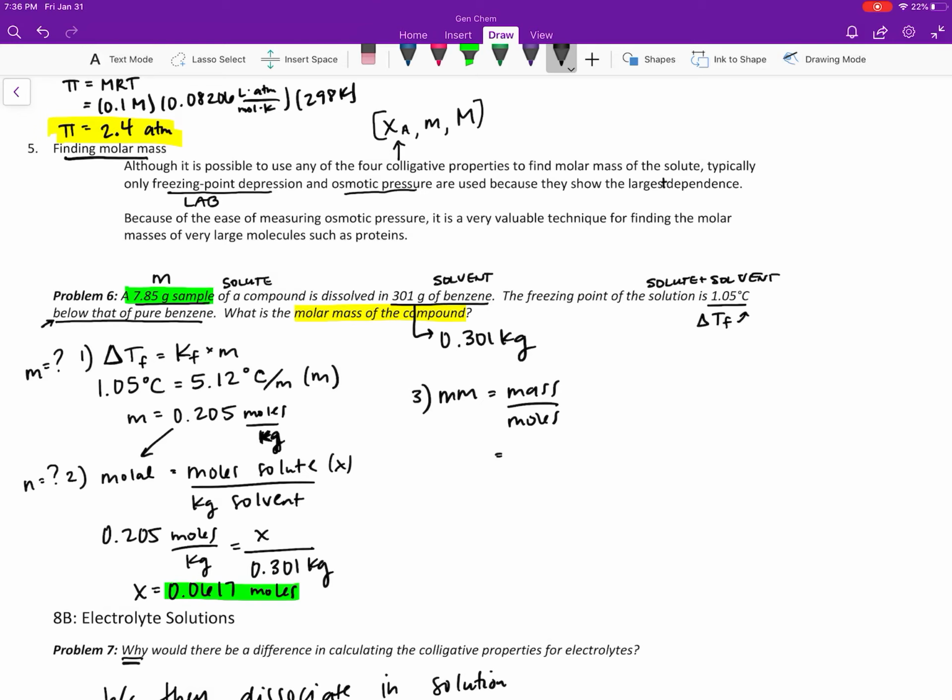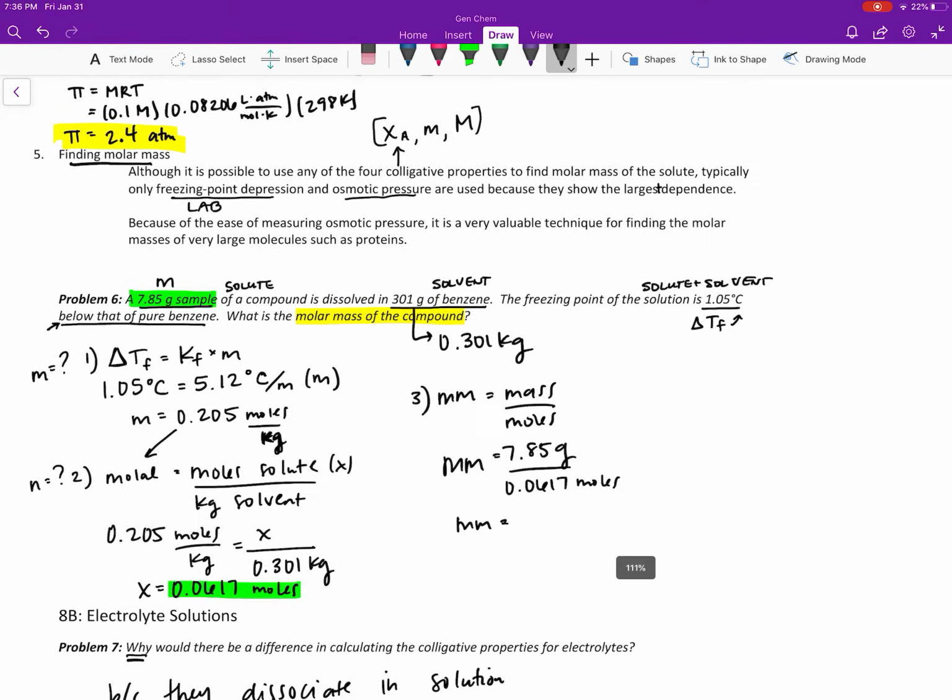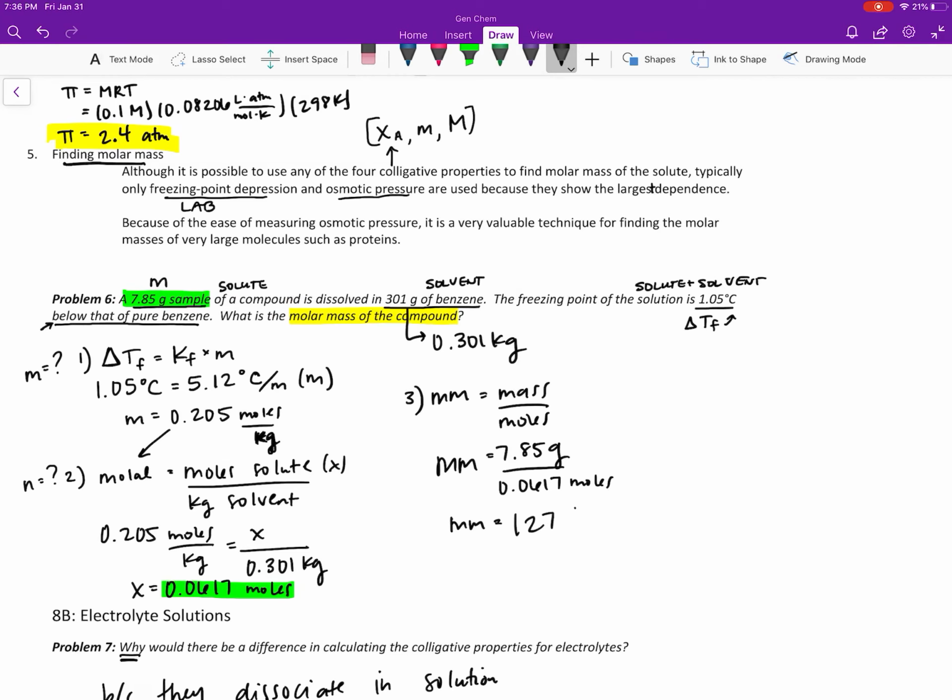And so now we're going to have 7.85 grams divided by 0.0617 moles, which in the end is going to give us a molar mass of 127 grams per mole, which is the final answer for the problem.